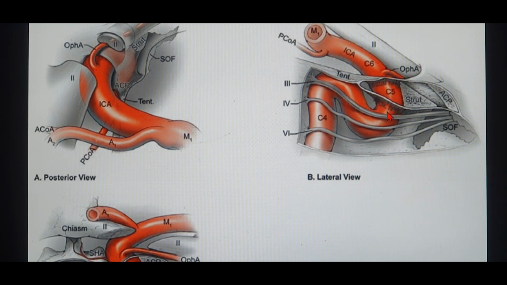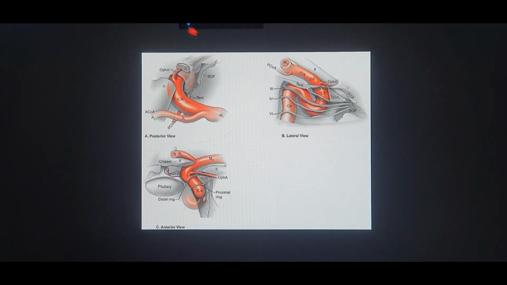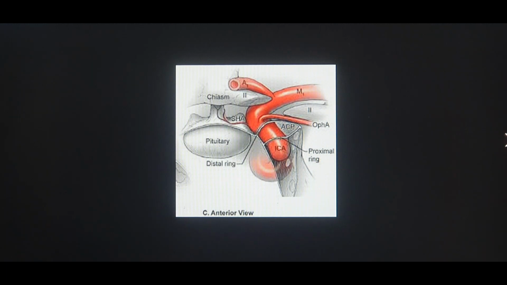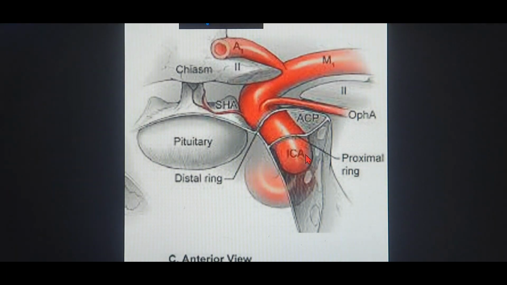And as you can see, if I show you this different structure, there's also one more concept about the medial wall and the lateral wall of the dural rings. Now the dural rings on the lateral aspect of the ICA. Now if you can see over here, this is the medial aspect, that's the lateral aspect.